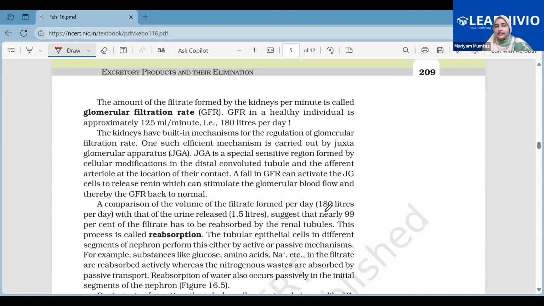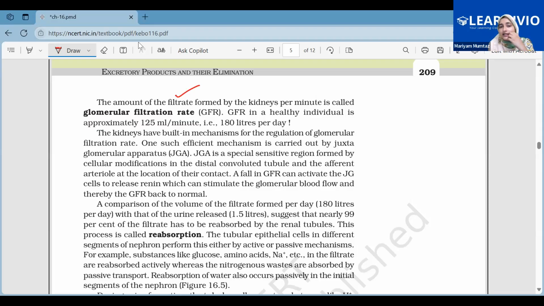Now, every single minute, the blood gets filtered through the kidneys, and once the filtration has been done, what we are left with is called the filtrate. The amount of filtrate formed by the kidneys per minute is called the glomerular filtration rate.